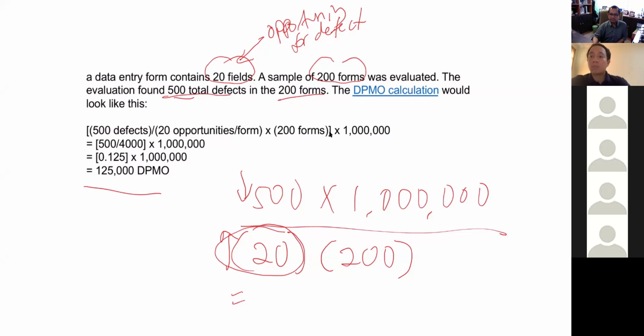You understand what I mean? You measure more opportunities for defect, you inspect more, but the rejection is reduced. So you can reduce the DPMO. You got what I mean? Yes. That's how to improve the sigma level.